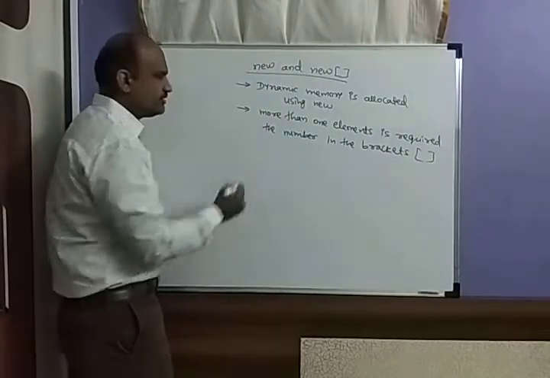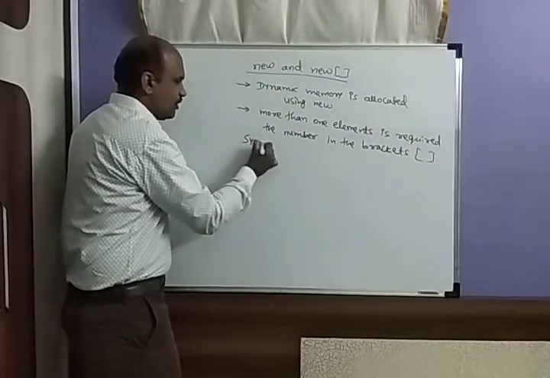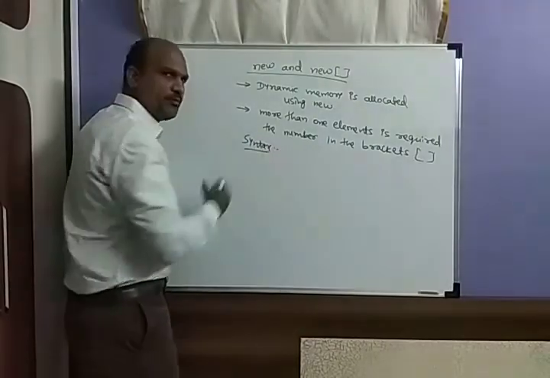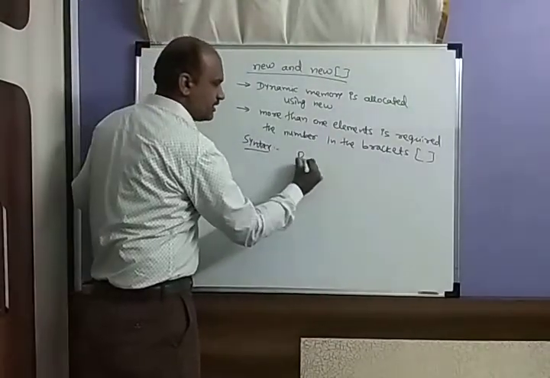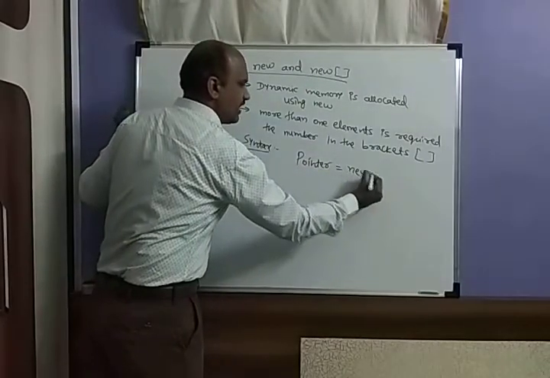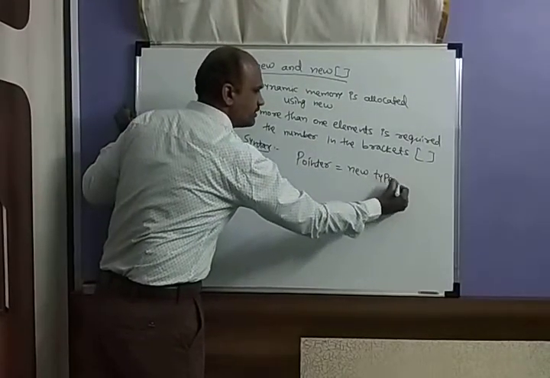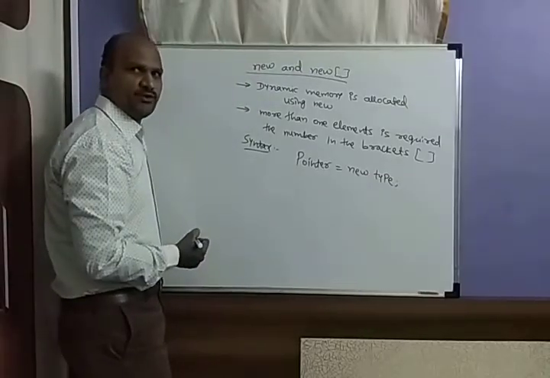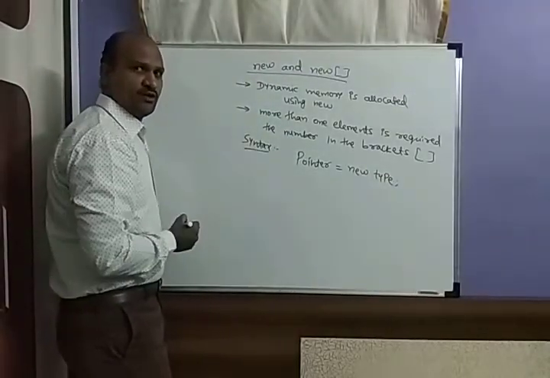Here is the syntax. How do we write the new operator? Pointer is equal to new type. This is only for single allocation.